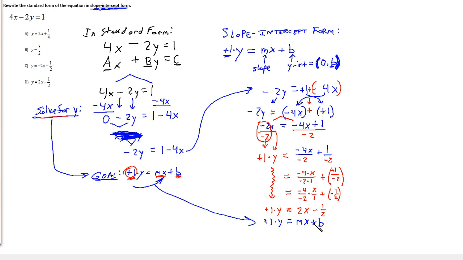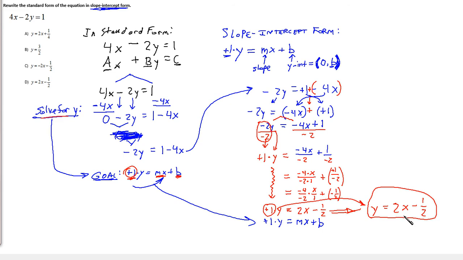But in simplified form, we really want to take this form with minus 1/2, and we could rewrite it one last time without any extra parts, and it would look like this: y equals 2x minus 1/2. All I did was say 1 times y is y. And hopefully we'll have an answer choice that looks like this, because we have confidence that this is correct.